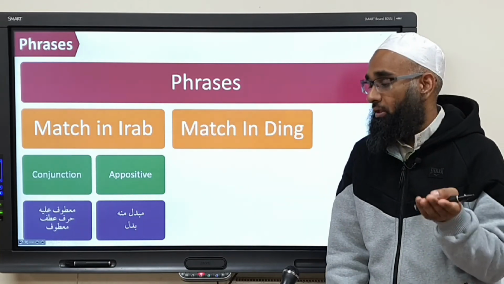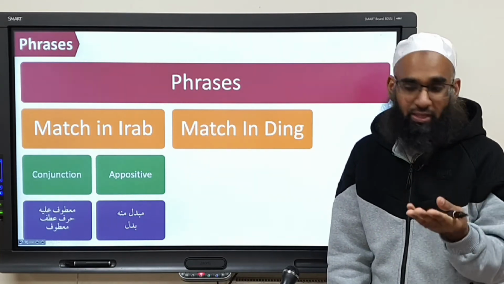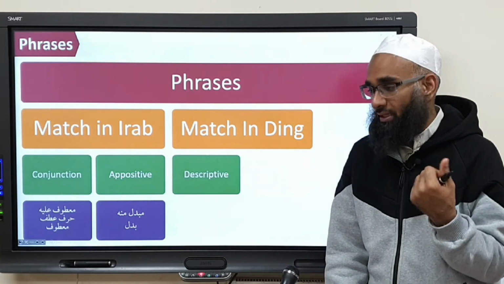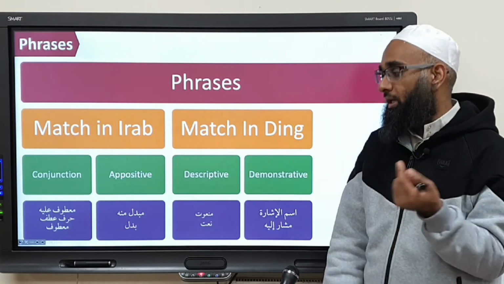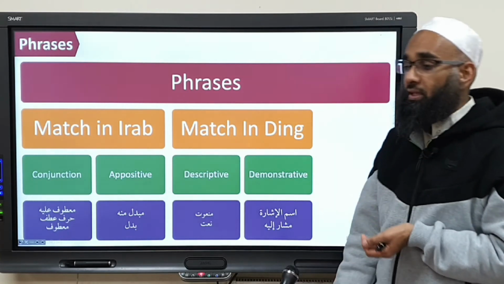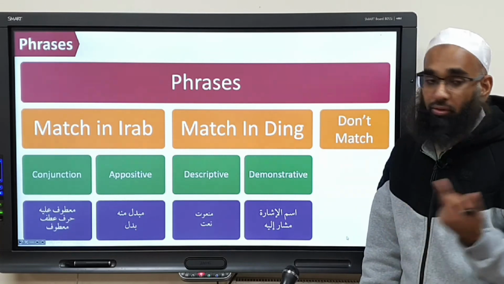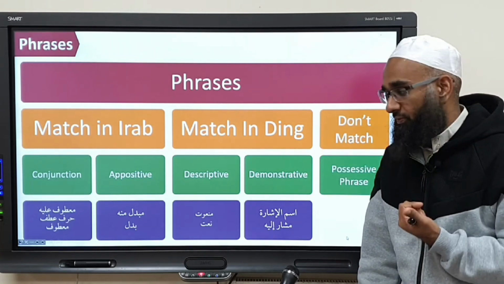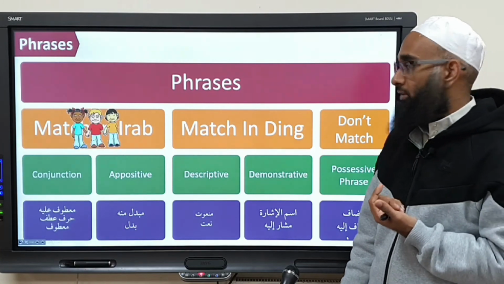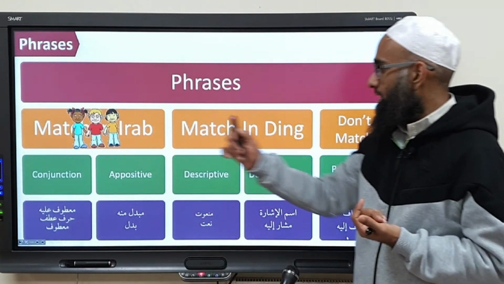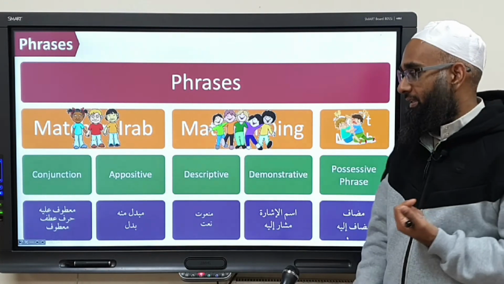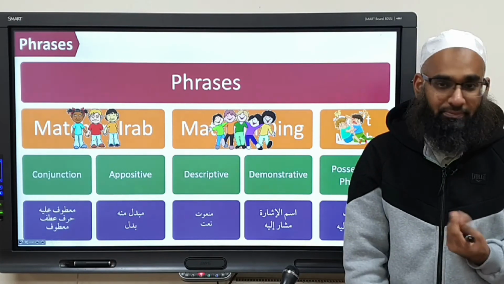Then you have the super buddies, which match in everything, which are the man'ud and the nat, and the ismul ishara and the musharun ilayh. Then you have the naughty enemies, which are the mudaf ilayh, the possessive phrase. So they're the buddies, super buddies, and the naughty enemies.